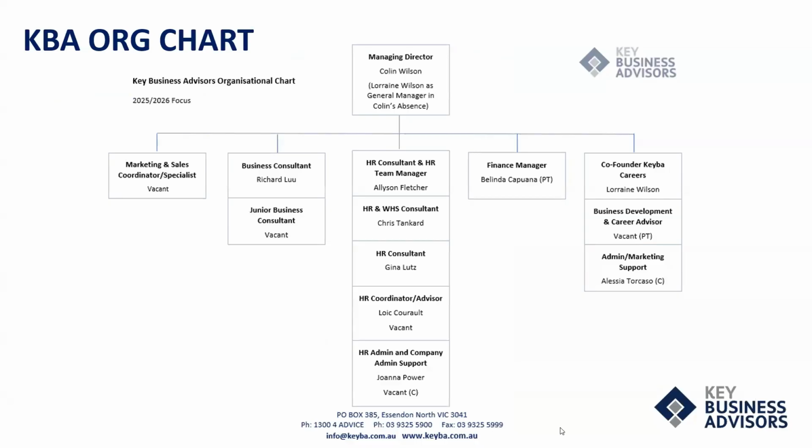And I think the big one is an organisational chart. So here's an example of our organisational chart. You'll see that I've got a couple of vacant positions in there, because this is all about how we bring people into the company and show some of the opportunities. This is part of our strategy. This is where we want to be in the next 12 months.